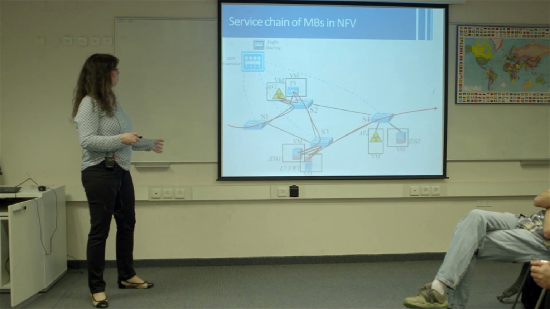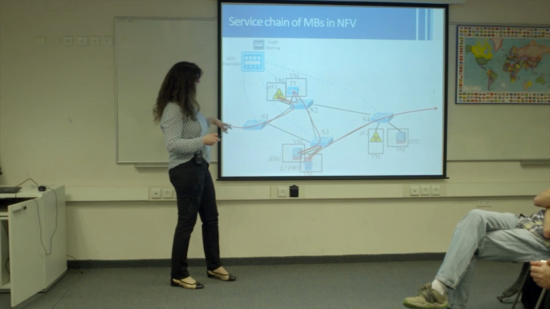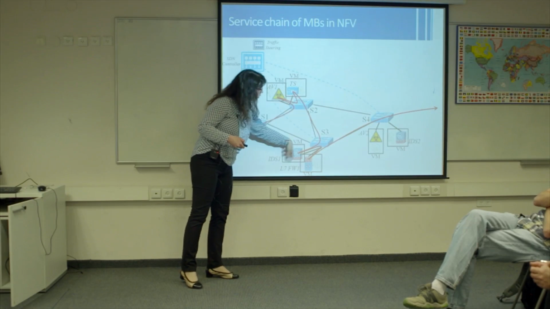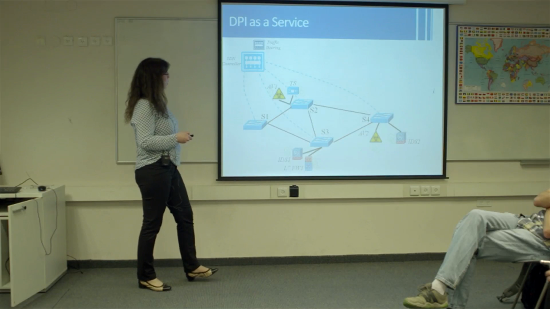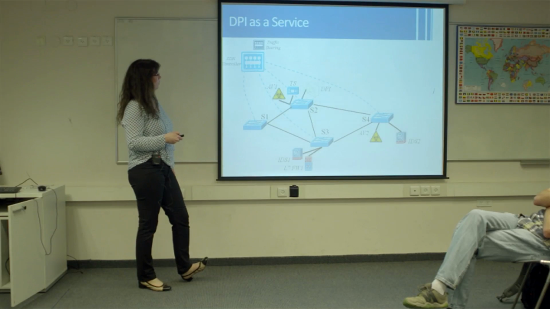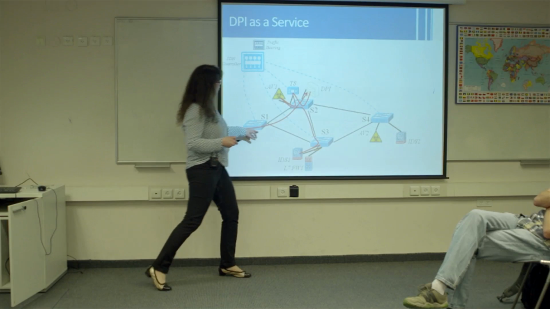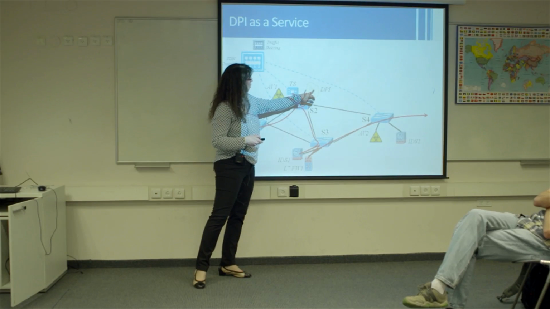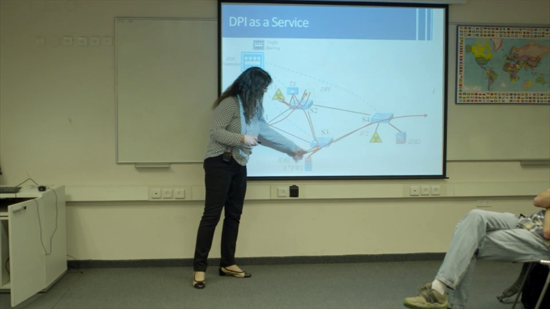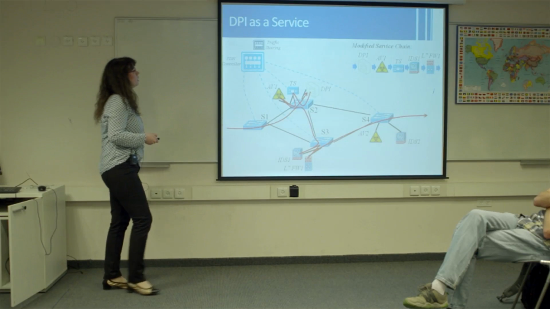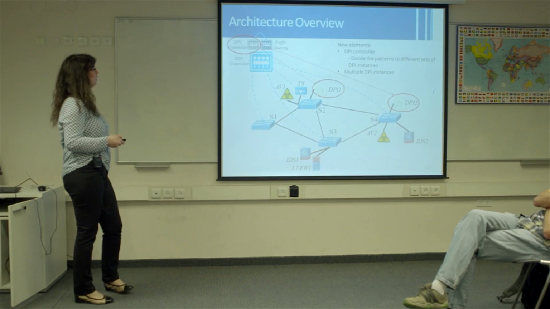So let's look at how it will be in the network. Here you have some service chain. And now we take the DPI, and then the traffic will go to the DPI, and from there to all of the middle boxes. And this is the modified service chain.